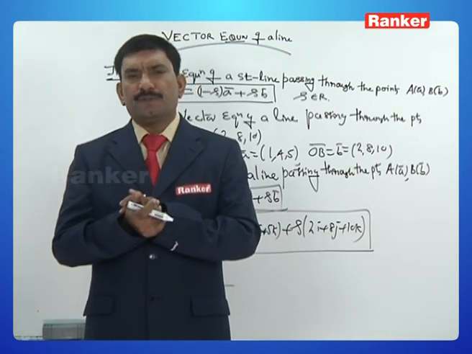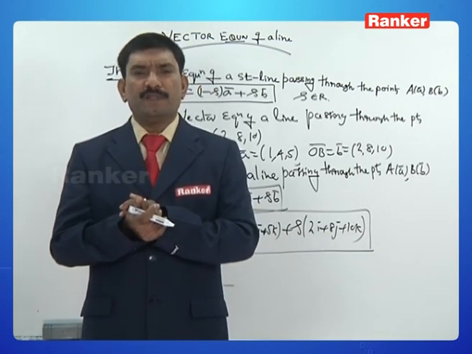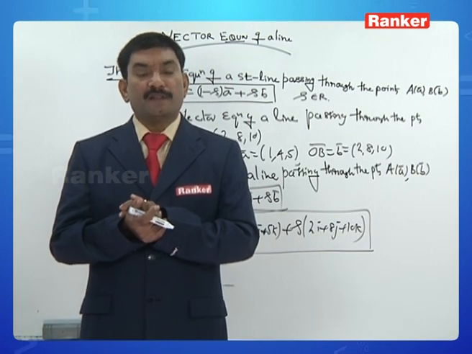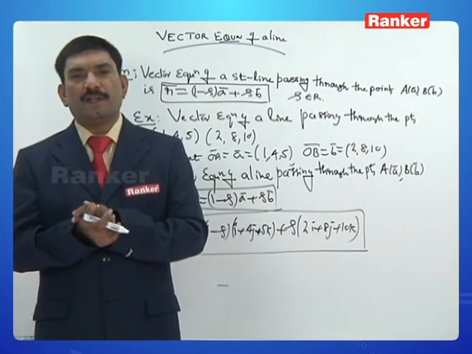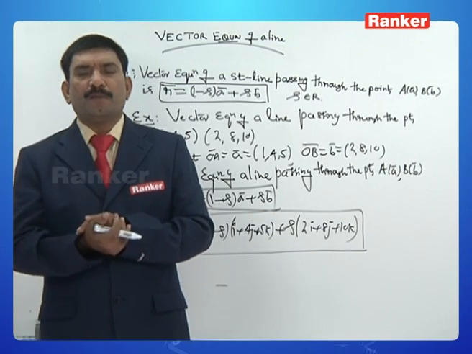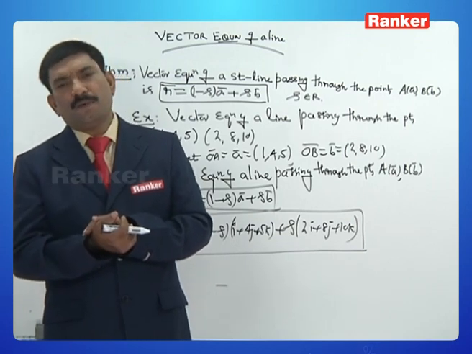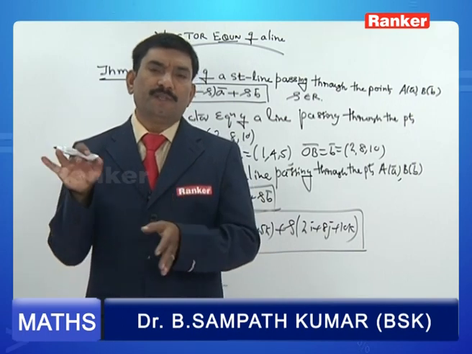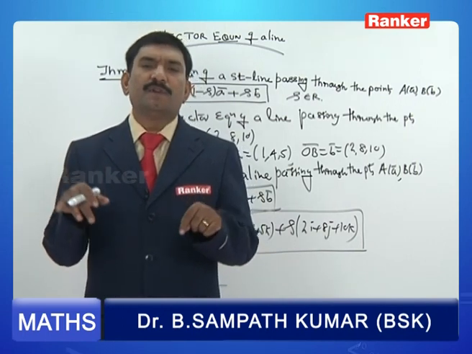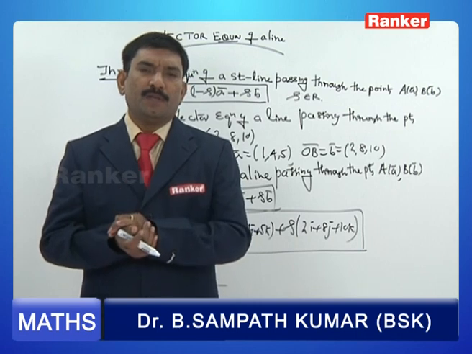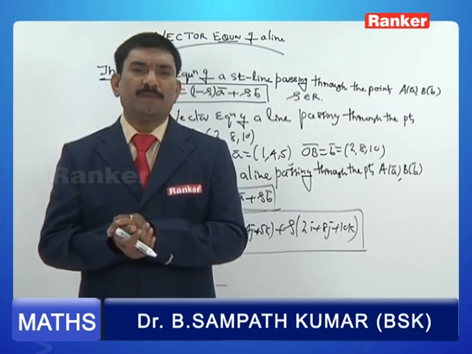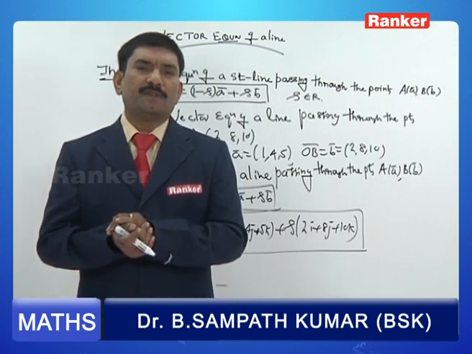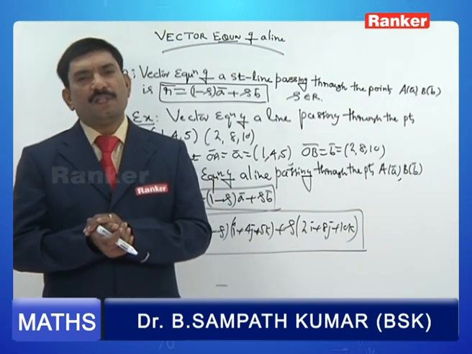Whether we have to use R bar is equal to A bar plus S B bar, which represents a vector equation of a straight line passing through the point A bar parallel to vector B bar, or, depending on the options, the vector equation of a straight line passing through 2 points A bar and B bar, which is R bar is equal to (1 minus S) into A bar plus S B bar.